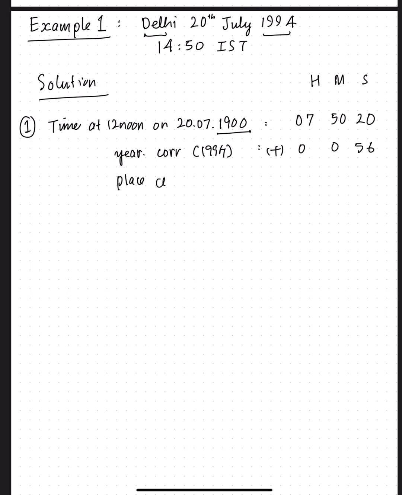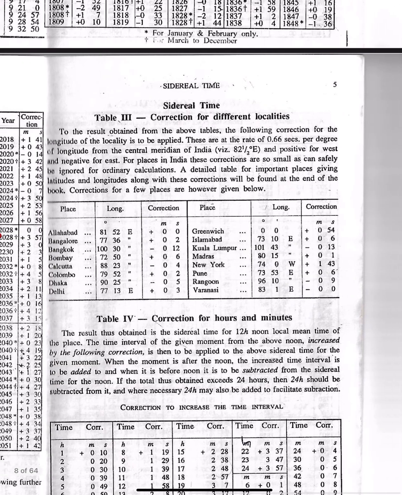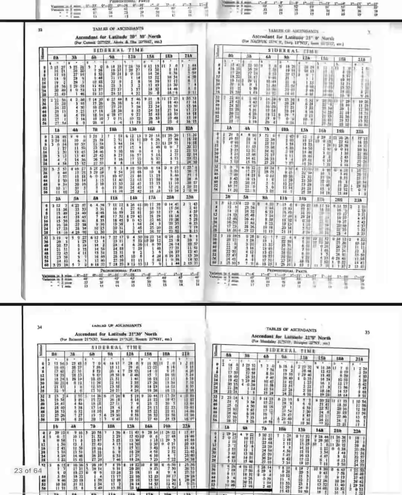Place correction for Delhi. Now, in the table of ascendants, this book has corrections for different localities, the major ones here in this table. So we have Delhi here. We can copy it from here directly. If not, there is a proper table for all the cities in India and the world, and we can take the correction from there. Let's just quickly explore where it is. We'll have to scroll pretty much all the way down.